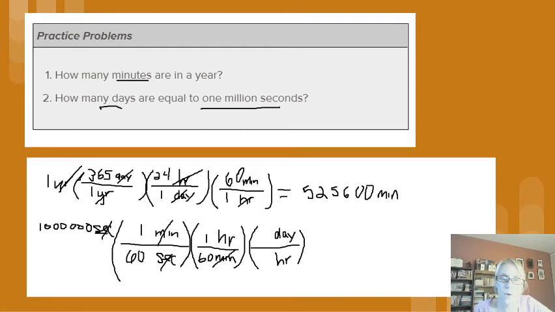And I know 1 day is 24 hours. And I cross out my units. And if you do this, you should get 11.6 days. All right, and always double check and make sure this makes sense. So 1 million seconds, you have to end up with a much smaller number because you're going from seconds to days.